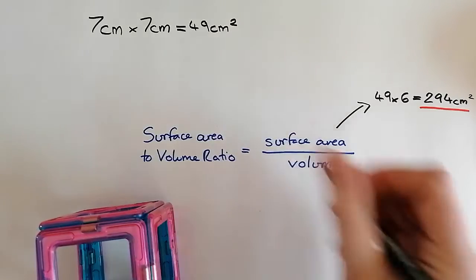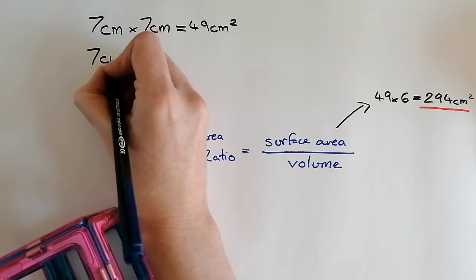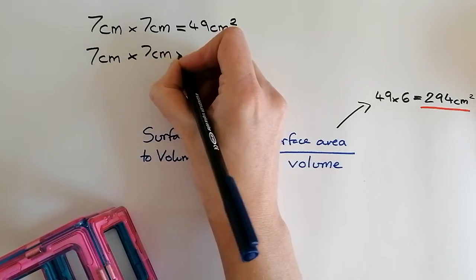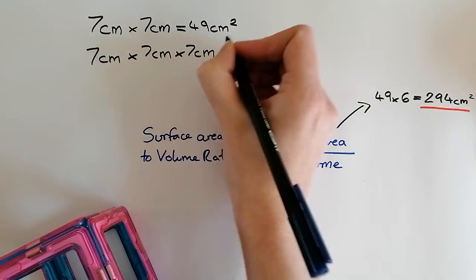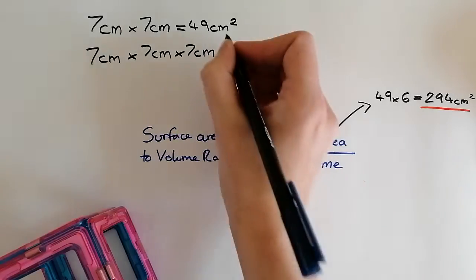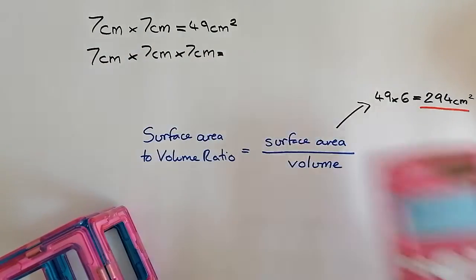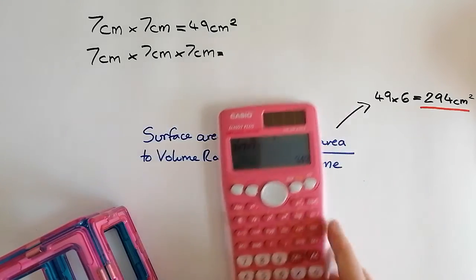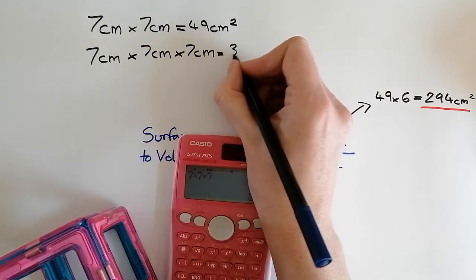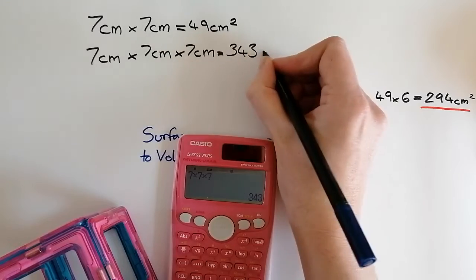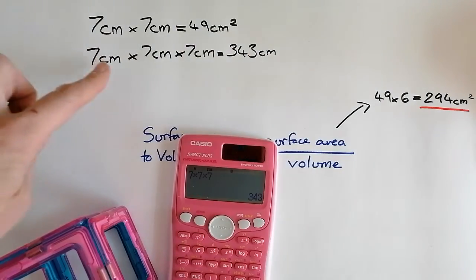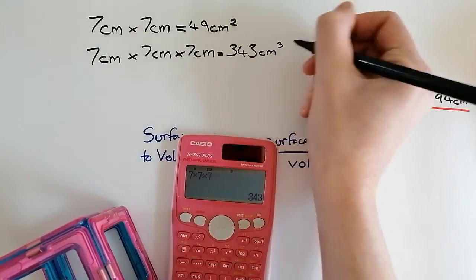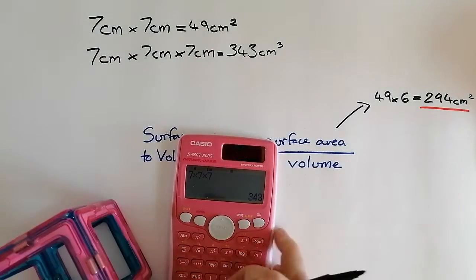So we've got 7 centimetres times 7 centimetres times 7 centimetres, because we're now in 3D, so it's 3 dimensions. So, calculator, 7 by 7 by 7, 343. But because we've now had 3 elements, we are in 3 dimensions, so it is now centimetres to the power 3, which is called centimetres cubed.